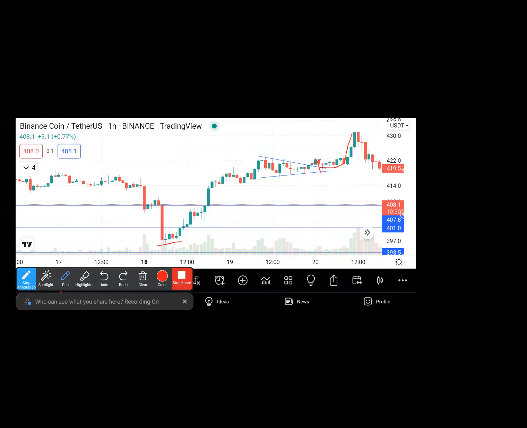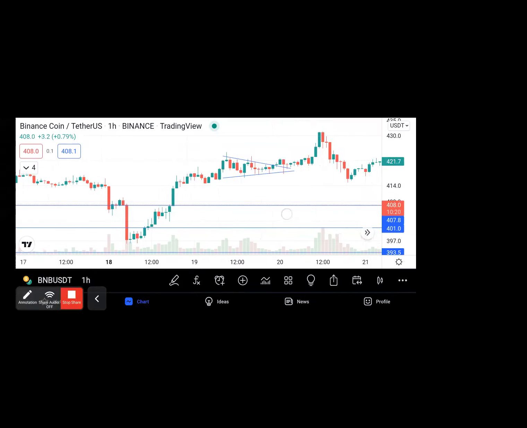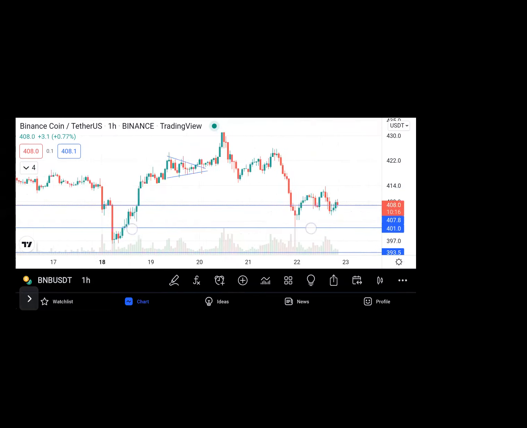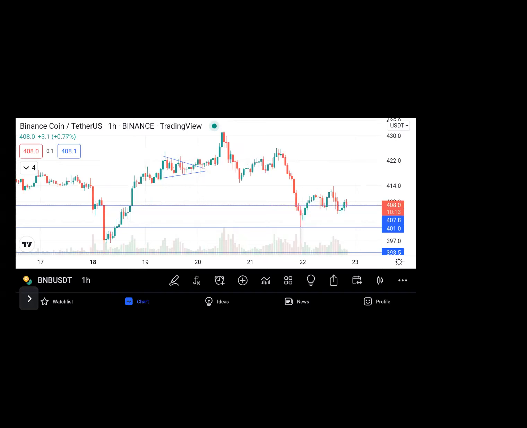But as you can see, we're not able to make up to that movement before the market reversed. But at least we were able to secure some profit before it reversed. You can see if you have not collected your profit, move your stop loss to entry, or you might end up losing all this here.